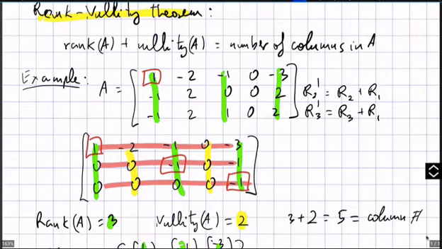So with this we get 1, minus 2, minus 1, 0, minus 3. The first row doesn't change. The second row will be 0, 0, minus 1, 0, minus 1, and the third row will be 0, 0, 0, 0, minus 1.